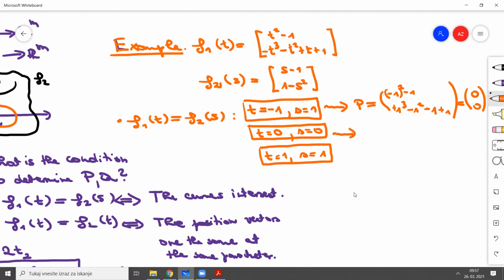That is P1, and then P2: let's plug in s is equal to 0 into the second equation, because it will be even less work, since the equations are of lower order. We get minus 1 for the first coordinate and 1 for the second. And the third point, you can check, becomes 0 and 0.